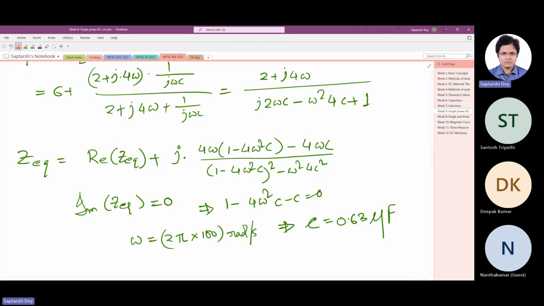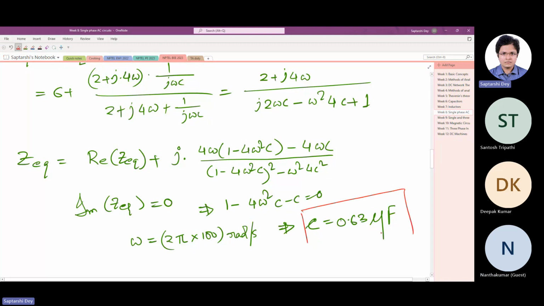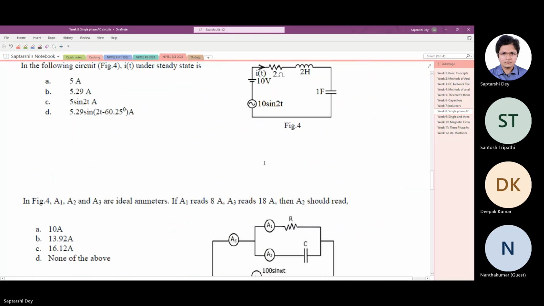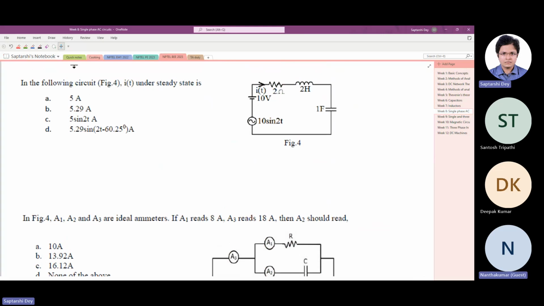So if you put this capacitor in the circuit, you will see the circuit resonate at 100 hertz. Okay, we'll go to the next question.